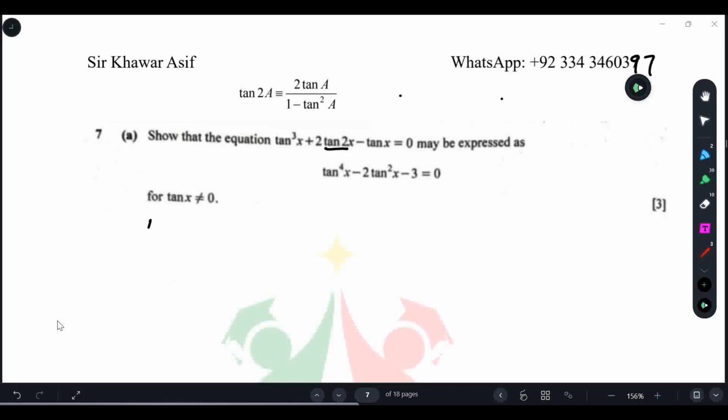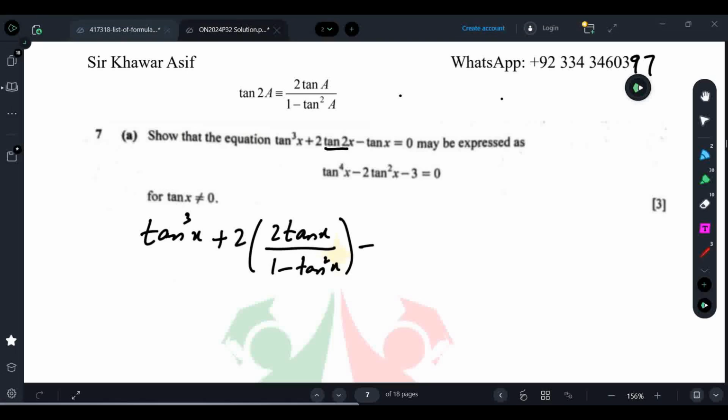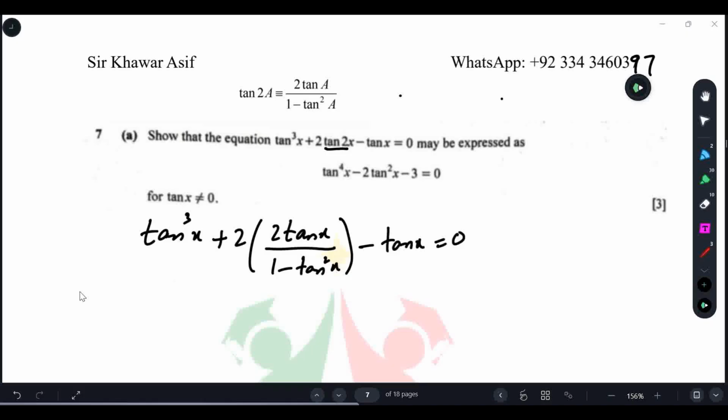So we can write it as tan cube of x plus 2 into 2 tan of x divided by 1 minus tan square of x, and then minus tan of x. So if we simplify it further, we can write it as tan cube of x plus 4 tan of x divided by 1 minus tan square of x minus tan of x is equal to 0.